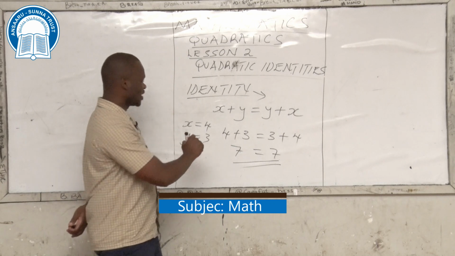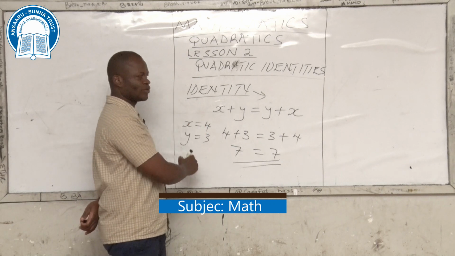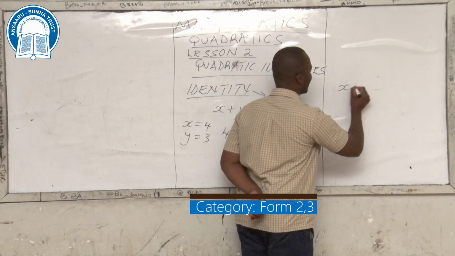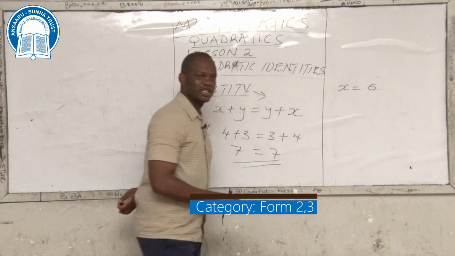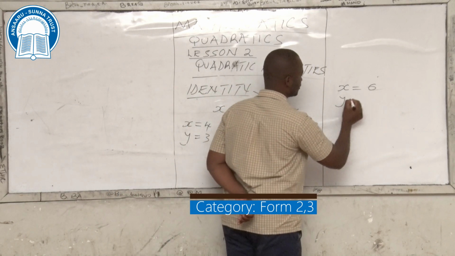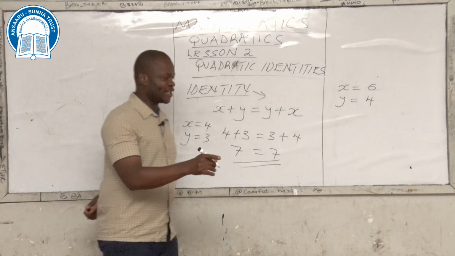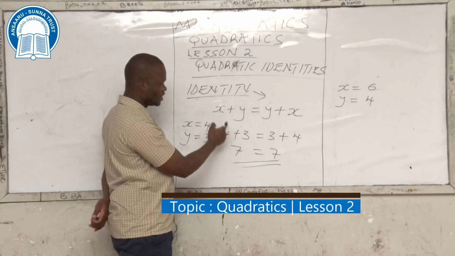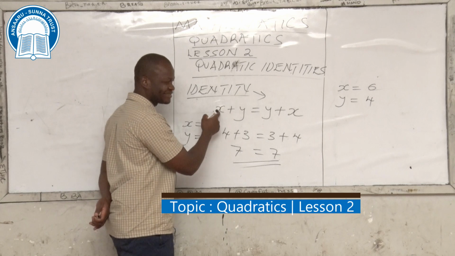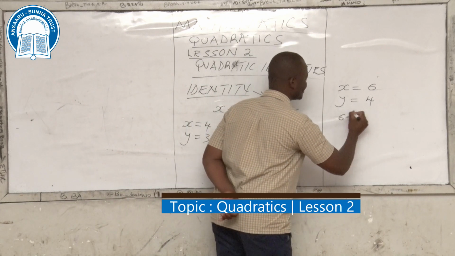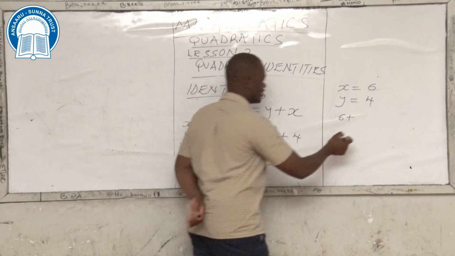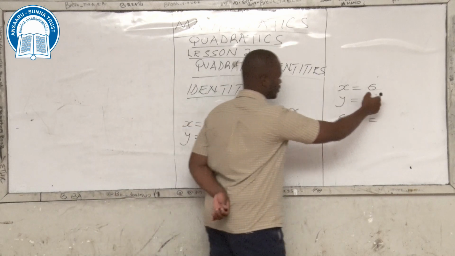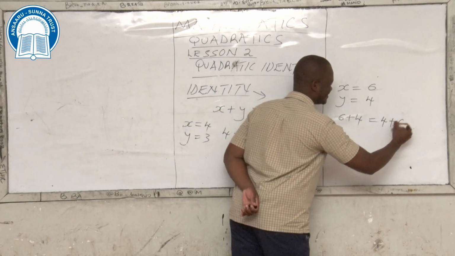Now what if we change the values of x and y? Will the equation still hold? Let's confirm that. If I change x to be 6 and the value of y to be 4, and then make my substitution in the same equation, I will have 6 plus 4 is equal to 4 plus 6.